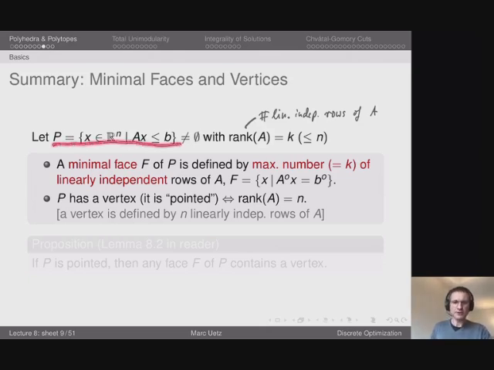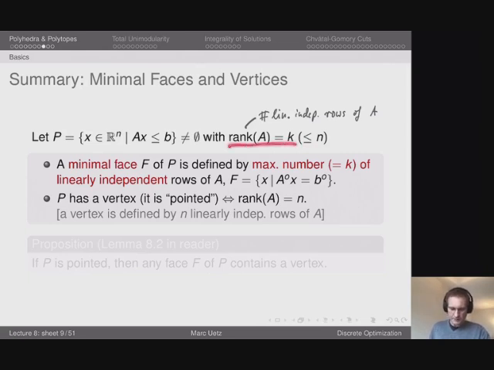Okay, let me try to summarize everything that we did so far. Consider an arbitrary non-empty polyhedron, and then of course the rank of the defining system, the rank of the matrix A, that's the number of linearly independent rows of this matrix A, which can be at most n, because we are living in Rn here.